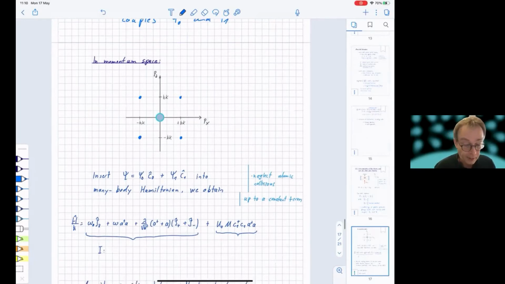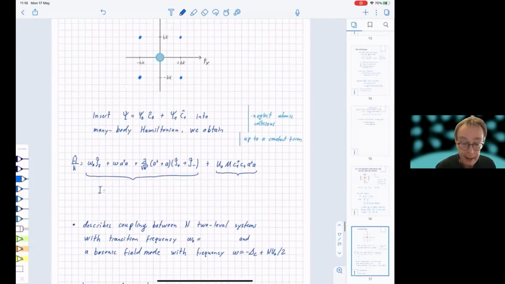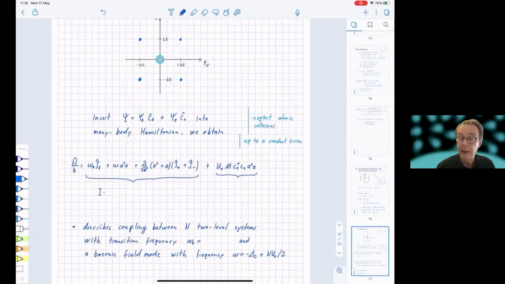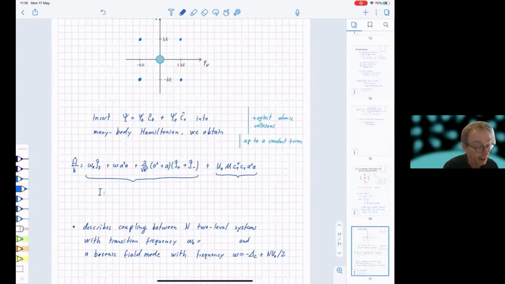Okay, and what we see now in this picture, if we neglect atom-atom interactions, and if we go into the basis that say this is spin down and the superposition of those 4 states is spin up, then we have a Dicke Hamiltonian.